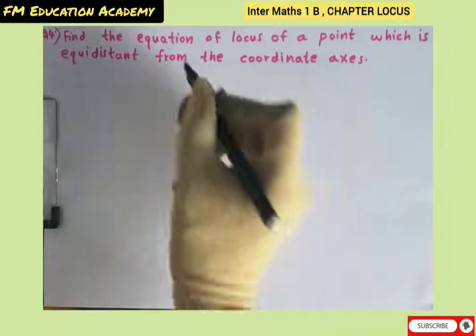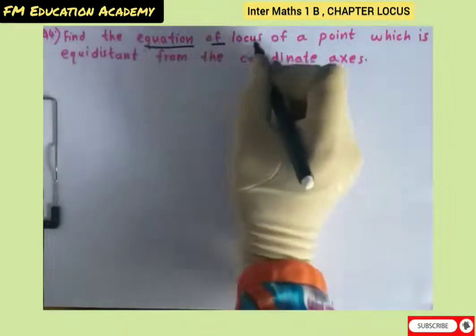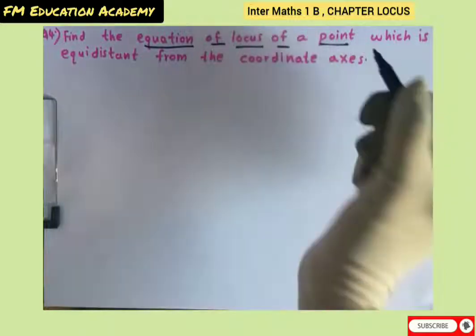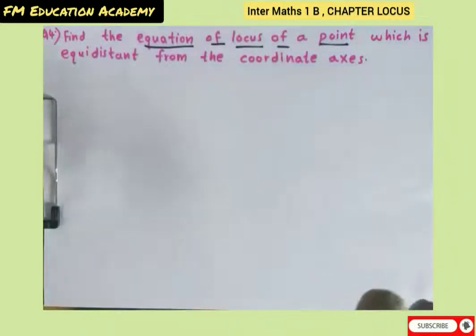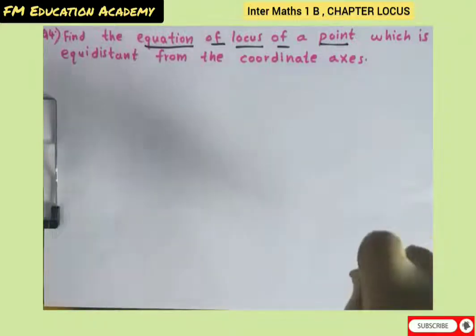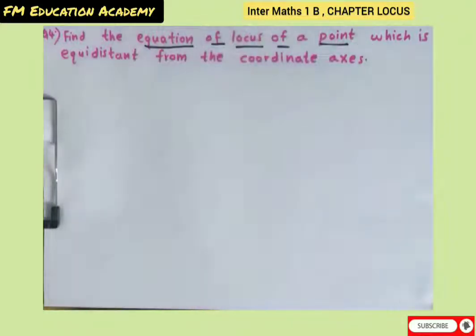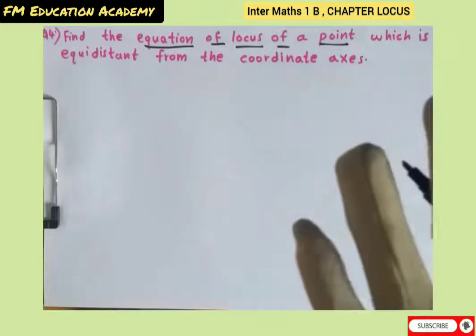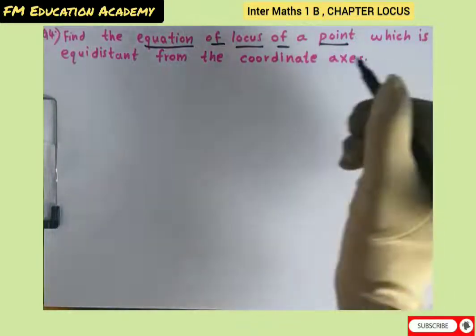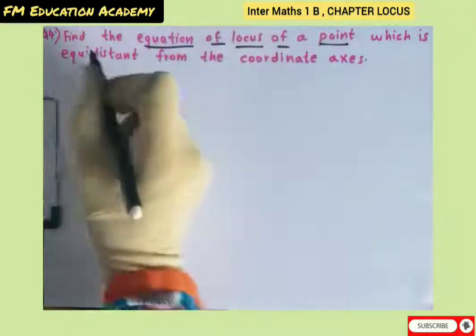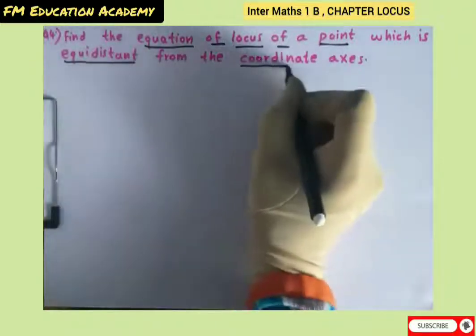So what is it telling here? It is telling us to find the equation of locus of a point that is located at an equal distance from the coordinate axis.